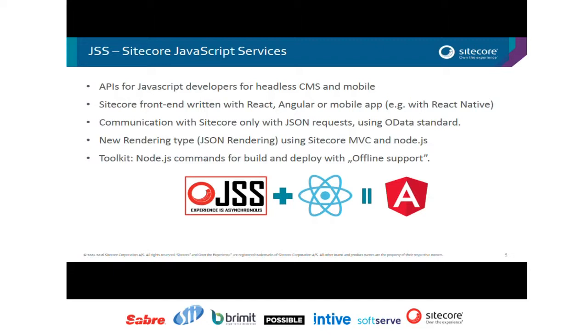Maybe they don't even need some backend because they don't have any complicated functionalities, but they still need the software house which knows .NET to just integrate with Sitecore, because there are no other options. You have to write .NET code. But with JSS, I think many digital agencies, if they want only some simple solution, won't need .NET anymore. So I think this is huge.